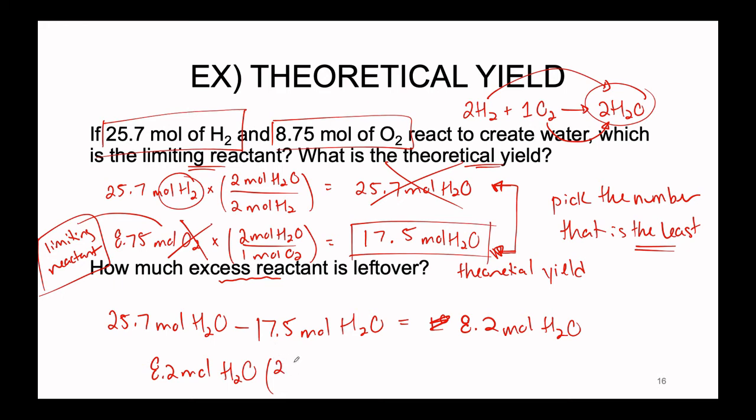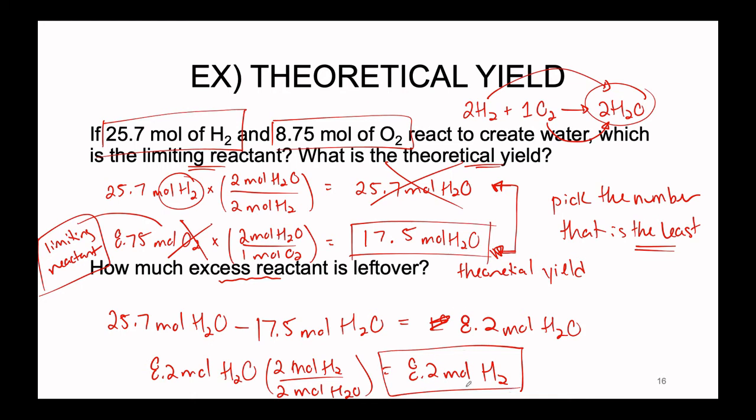So there's 2 moles of hydrogen per every 2 moles of water, 2 to 2, meaning that in terms of calculation, there's still just 8.2 moles of hydrogen hanging out unreacted, would love to make water, but it just can't. Again, there's no oxygen around.